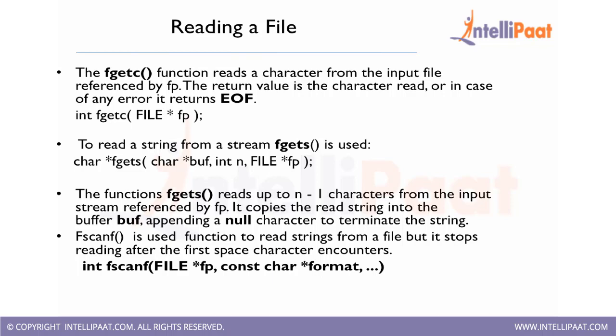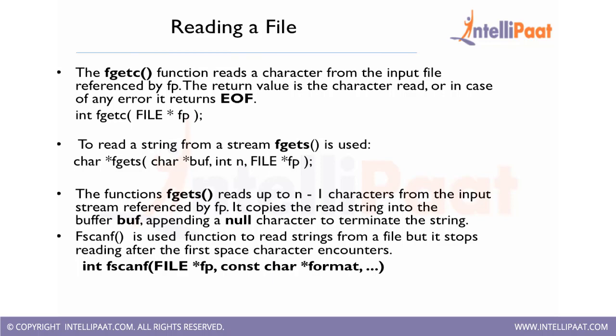So first we see what the getC function is. A getC function reads a character from an input file referenced by a file pointer. It reads the file character by character, one character at a time. The return value is the character read, or in case of any error, it returns end of file, EOF.